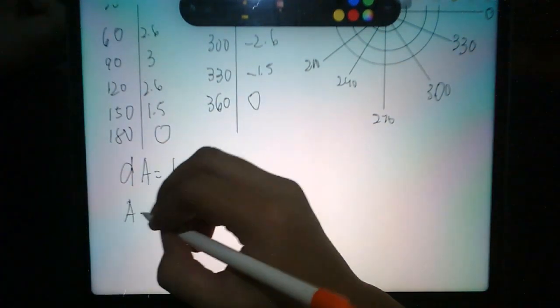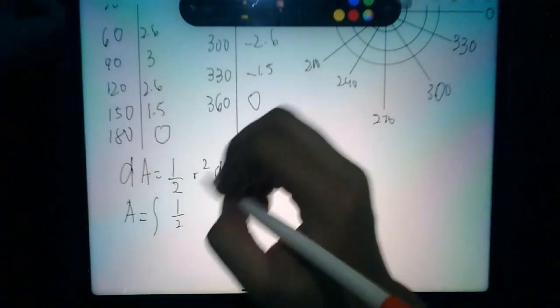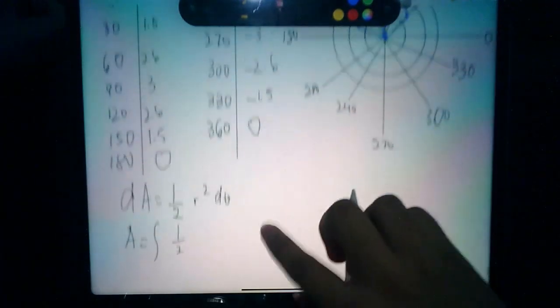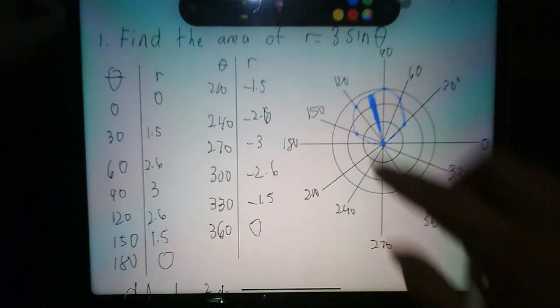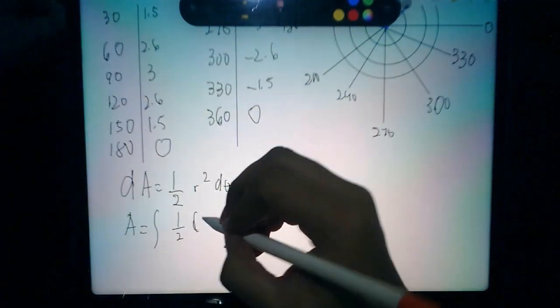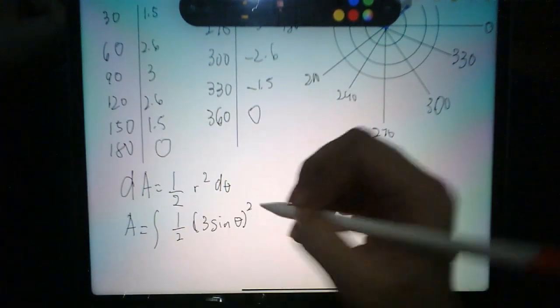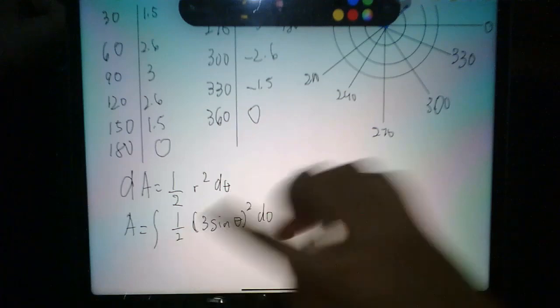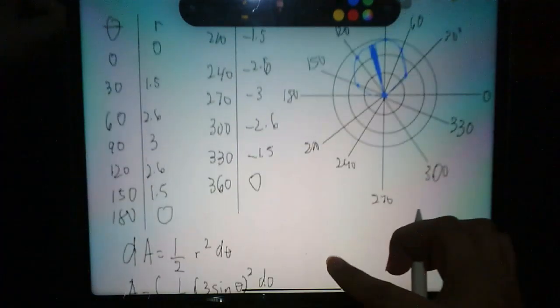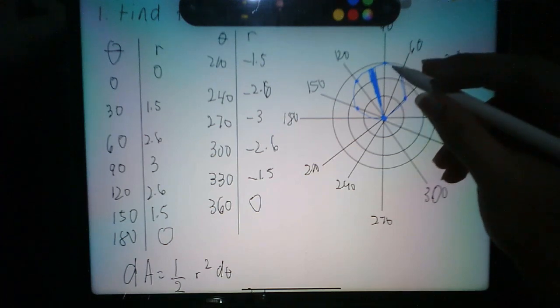So the integral of area is just equal to the integral of 1/2 r squared d theta. Substitute r. So r here is 3 sine theta, 3 sine theta squared d theta. So by finding the limits here, our limit starts with 0 and ends with 90.